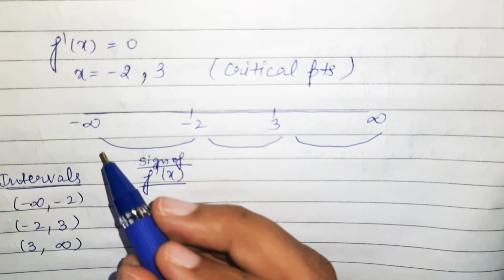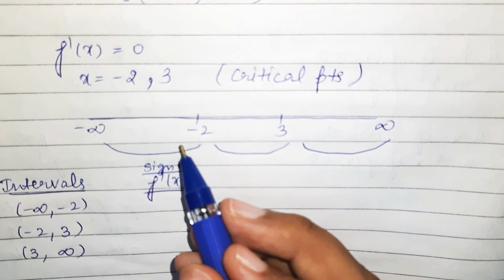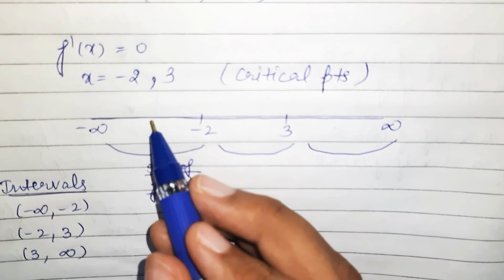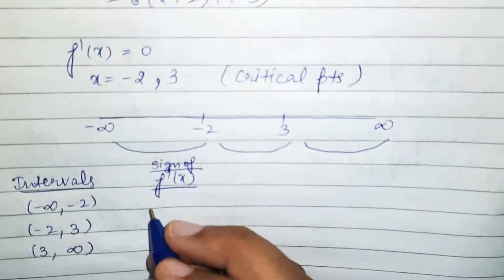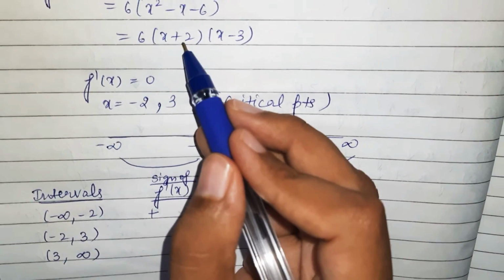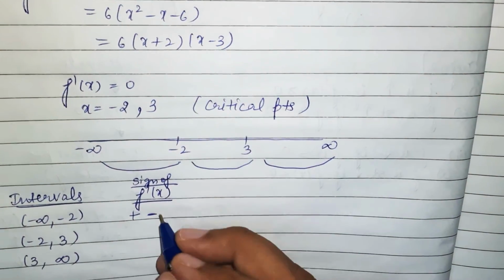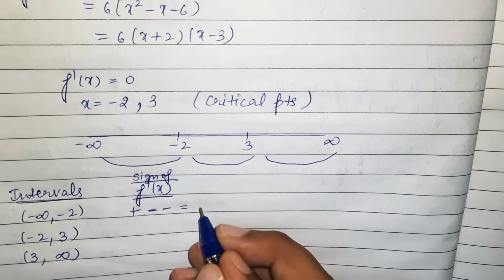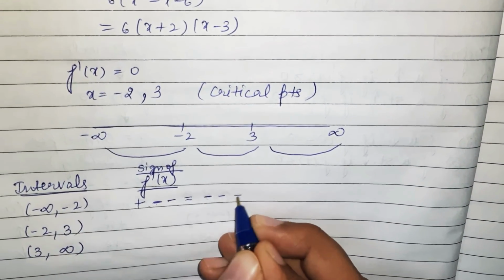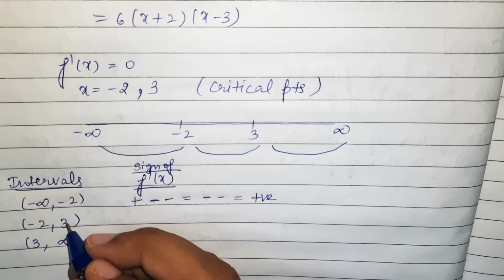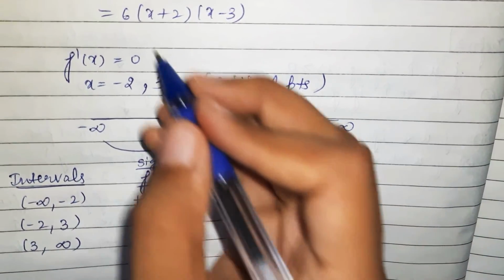If I talk about minus infinity to minus 2, let's suppose I am taking minus 3. 6 is positive, minus 3 plus 2 will give you negative, and minus 3 minus 3 negative. So plus, minus, minus: minus into minus gives plus. So I am getting positive. For minus 2 to 3, let's suppose I am taking 0.